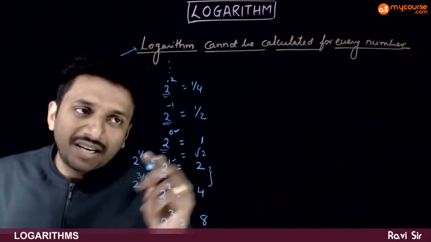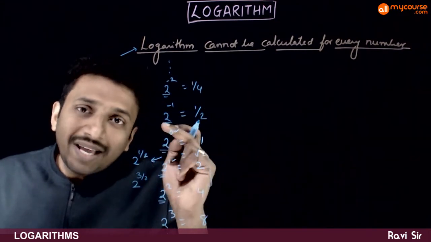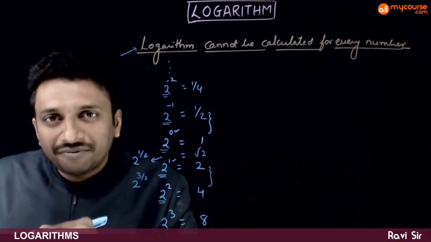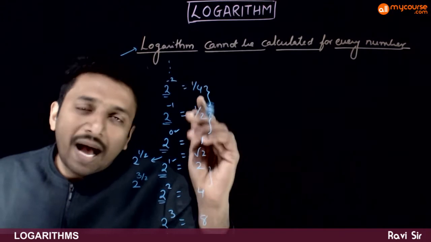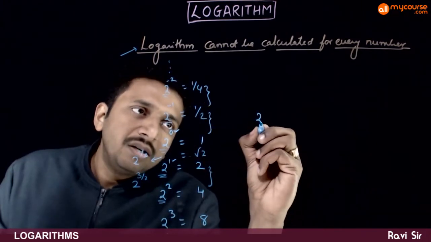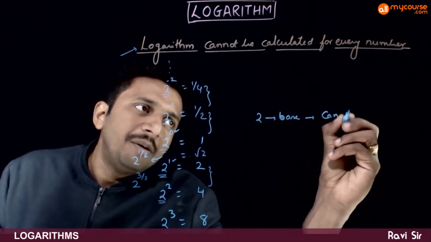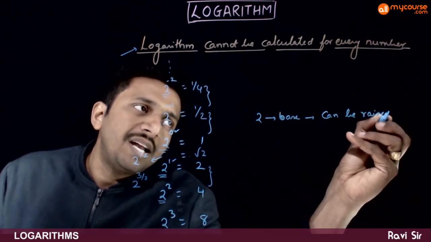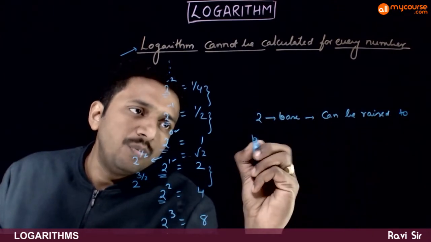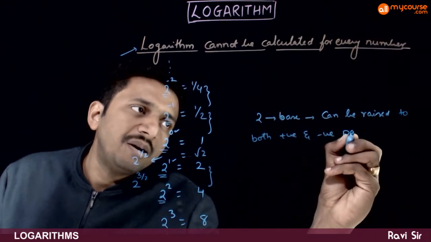Similarly, if I go to the negative side, 2 power minus 1 is 1 by 2. So if I raise 2 to any number between 0 and minus 1, I get numbers between 1 and half. Similarly, half and 1/4, and so on. So what you need to observe here is that the base 2 can be raised to both positive and negative powers.